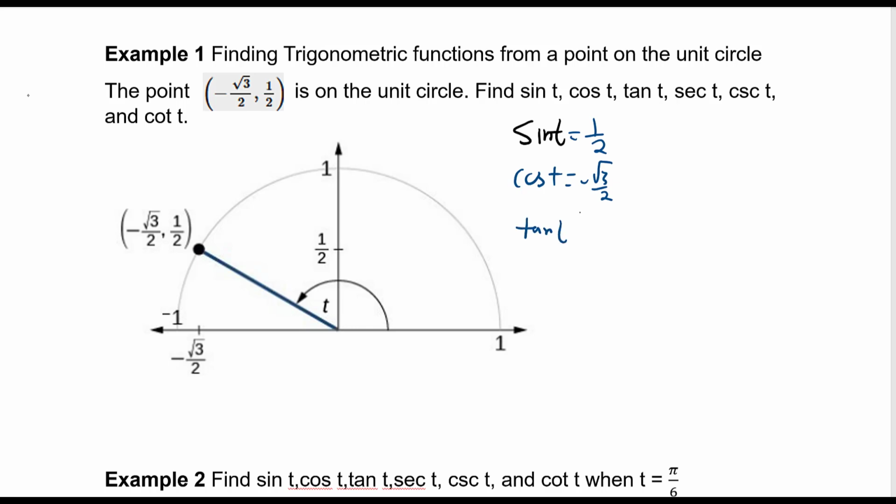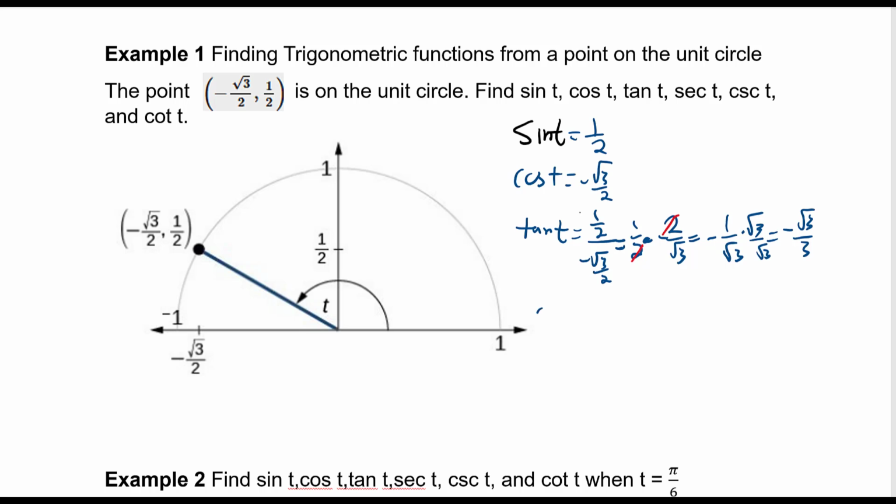Tangent t is the y over the x, so 1/2 over negative square root of 3 over 2, which is 1/2 times the reciprocal, negative 2 over the square root of 3. The 2's cancel, and it becomes negative 1 over the square root of 3. Now if we rationalize that denominator, we get negative square root of 3 over 3.